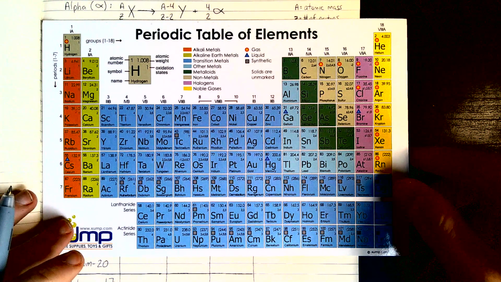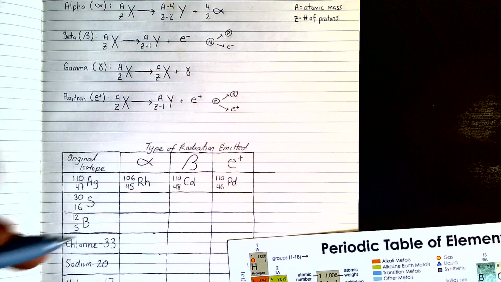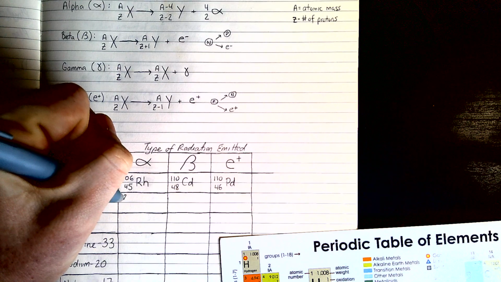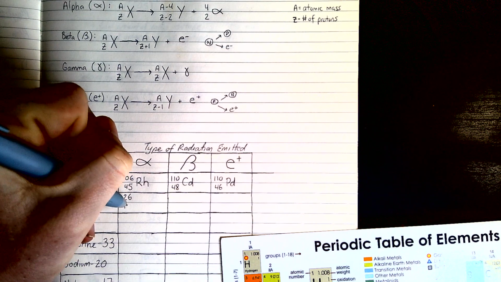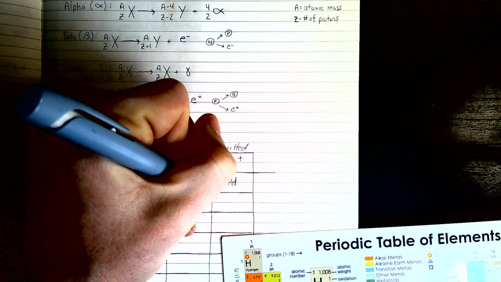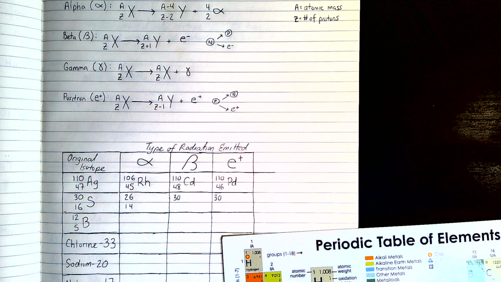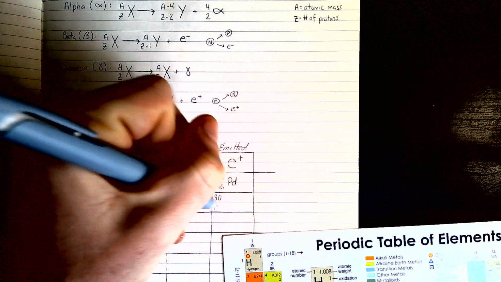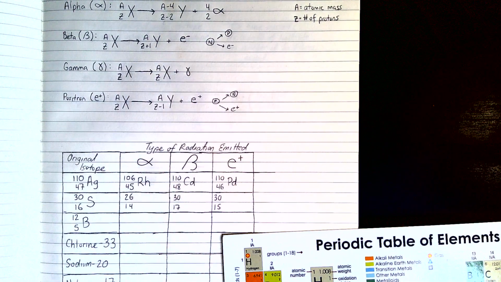Alright, let's take a look if you were right. First things first, let's do masses and protons. Alpha down by 4, down by 2. Beta, mass stays the same as positron. For beta, protons goes up by 1, positron down by 1.